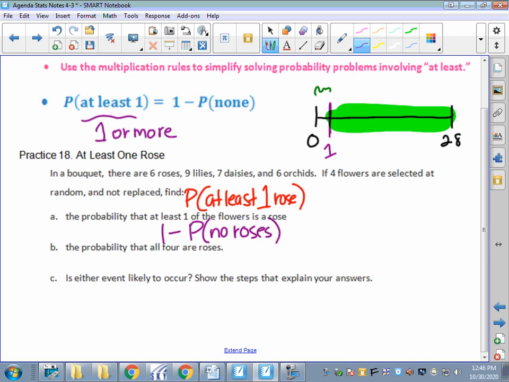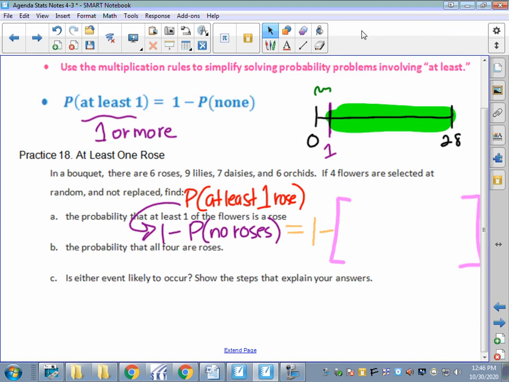That's not just a one-step problem, though. We're just going to do this one if you need more space. So 1 minus the probability of no roses means that, let me do it this way so I don't lose you.